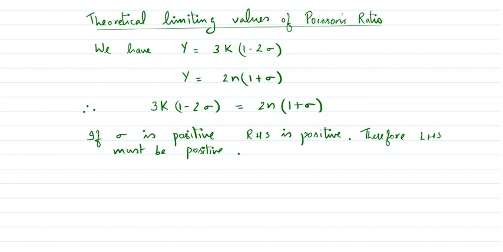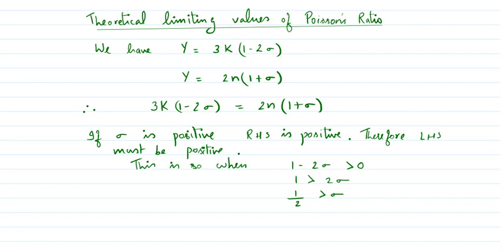This happens only when the term 1 minus 2 sigma becomes positive. That is, 1 minus 2 sigma is greater than 0. So we can say 1 is greater than 2 sigma, so 1 by 2 is greater than sigma.